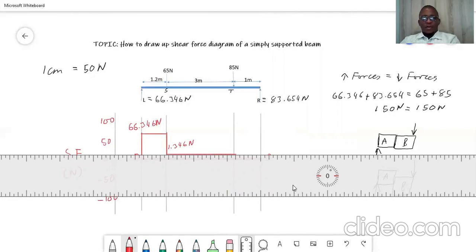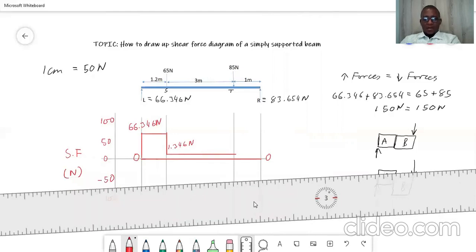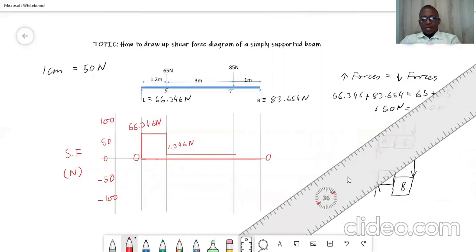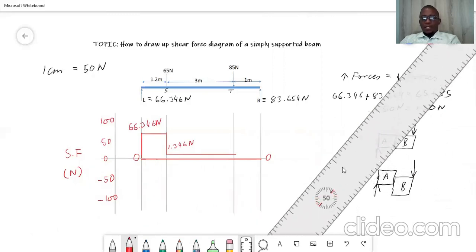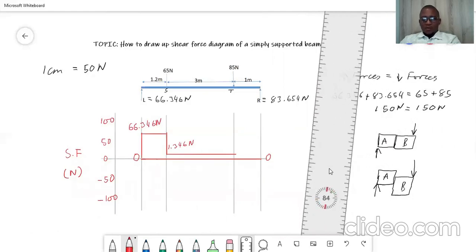When you get to this point, there is a point load again of 85. So you simply say 85 minus 1.346 minus 4, and your answer will be 83.654.